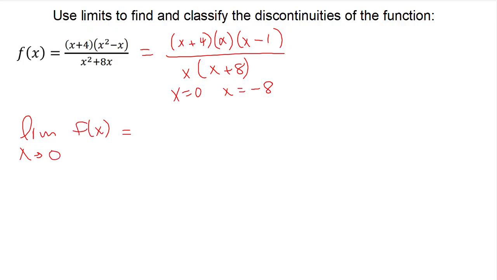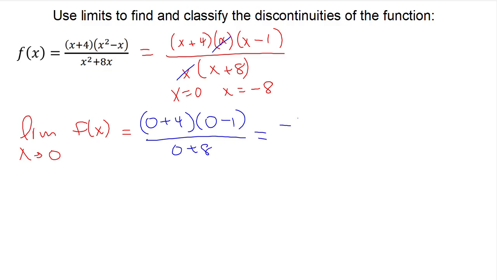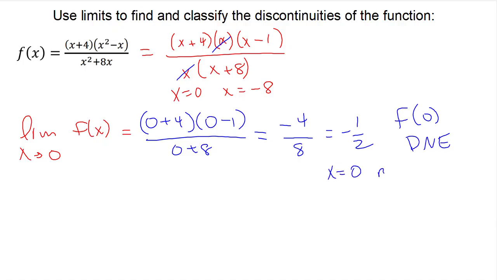And when we do that, we should see that the x and the x here can cancel each other out. And really, we just have 0 plus 4 over 0 minus 1 over 0 plus 8. Well, that's -4 over 8, which is -1/2. But we know that f of 0 does not exist. And when the limit exists, but the function doesn't exist, it's a removable discontinuity.